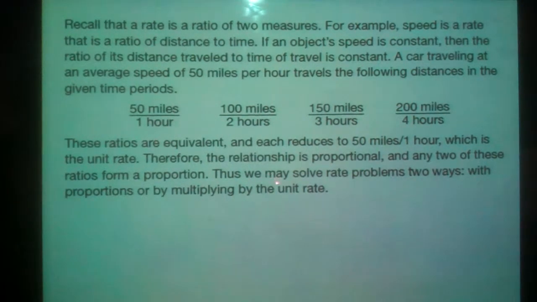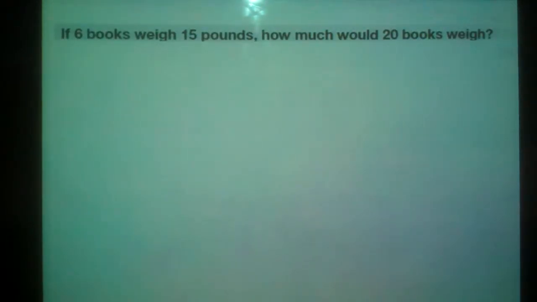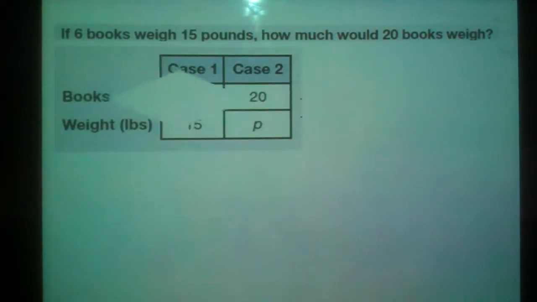So we can say that we may solve rate problems two ways: with proportions, like we've been doing, or by multiplying by this unit rate. And we're going to see both of those today. Okay. So, for instance, this example: if 6 books weigh 15 pounds, how much would 20 books weigh? Well, this is one thing that we've seen, a table we could use.